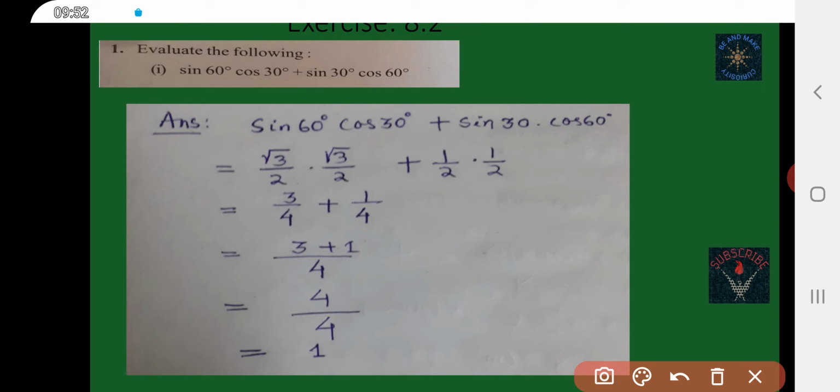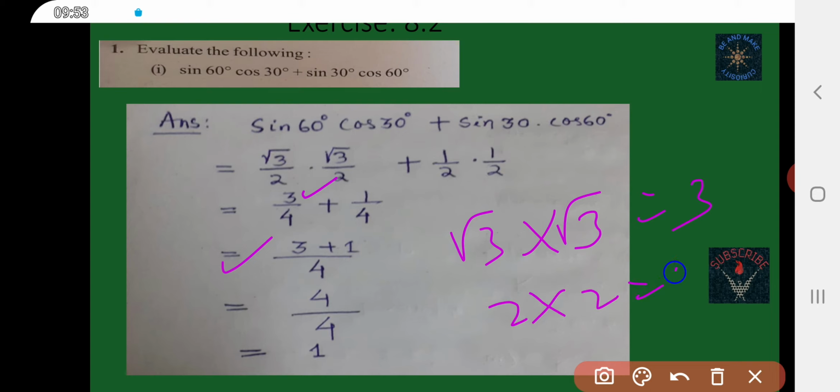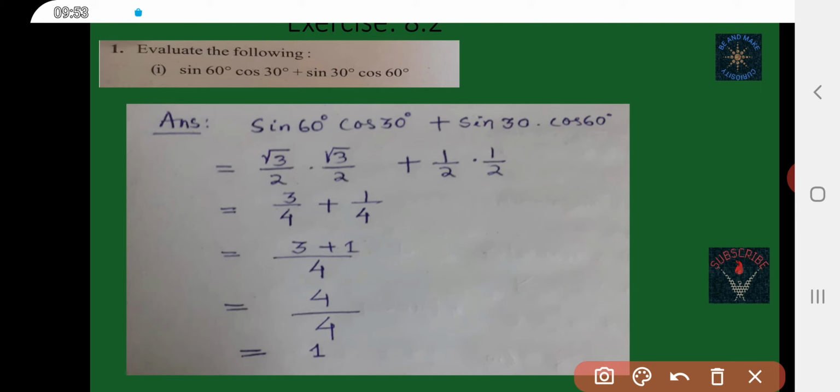Then root 3 into root 3 is equal to 3, and 2 into 2 is 4, so 3 by 4. Here 1 into 1 is 1, 2 into 2 is 4. Now take LCM 4, then 3 plus 1 is 4 by 4. If you cancel them, you get 1.